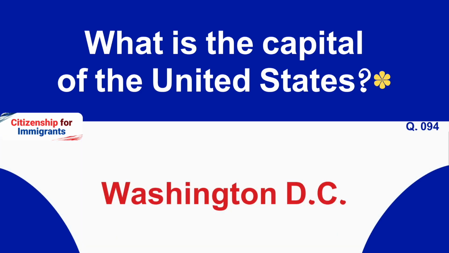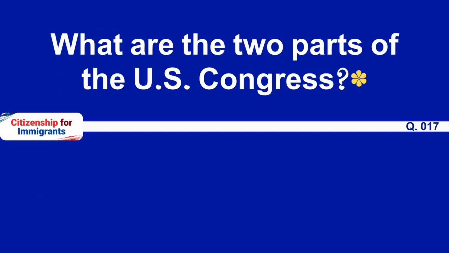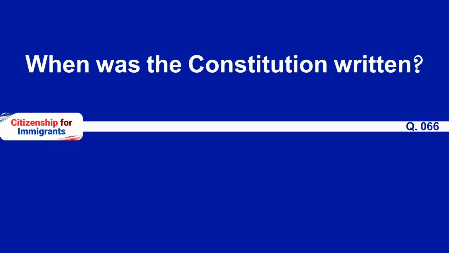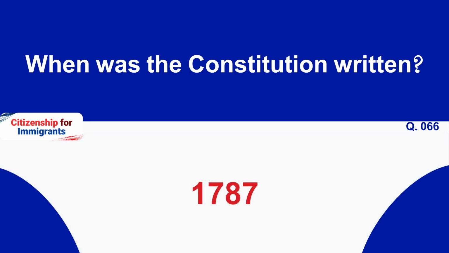Washington, D.C. What are the 2 parts of the U.S. Congress? The Senate and House of Representatives. When was the Constitution written? 1787.